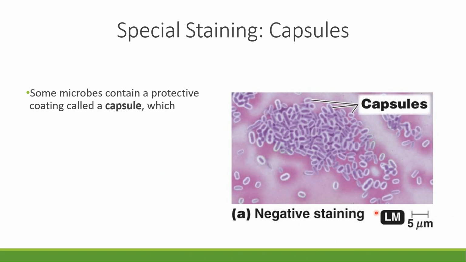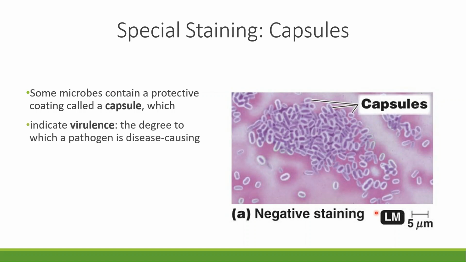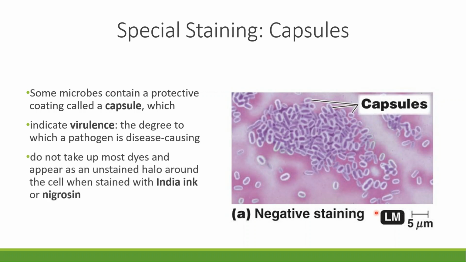Some microbes can contain a protective coating, which we call the capsule. Capsules are important to many pathogenic bacterium because it protects them from harm by the immune system. The capsule can indicate the degree of virulence that a pathogen might have, which is the ability to cause disease.